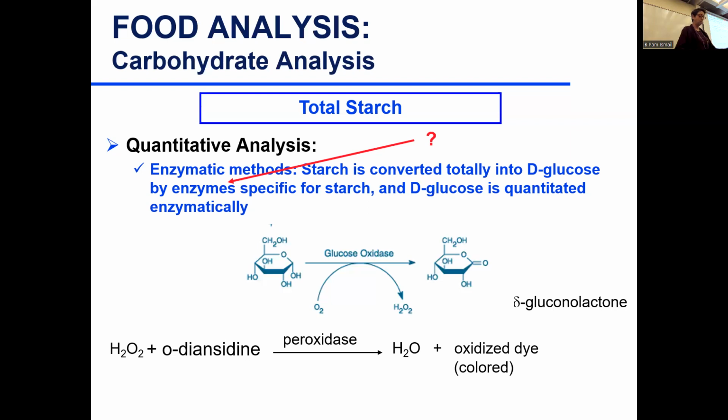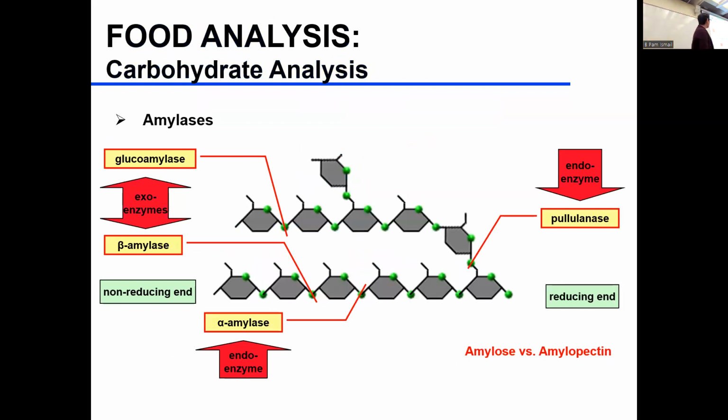So amylases make the chain much shorter. Then we use glucoamylases. So glucoamylases are exo enzymes, so they're going to take one glucose unit at a time from the extremities of the molecule. So exo. Amylases are endo enzymes, so they're going to go inside of the molecule and break it.